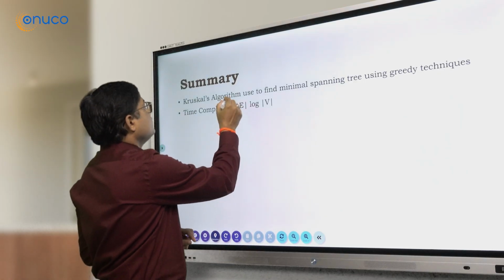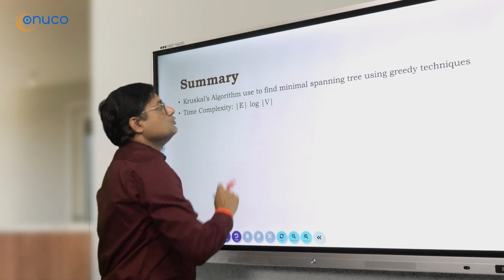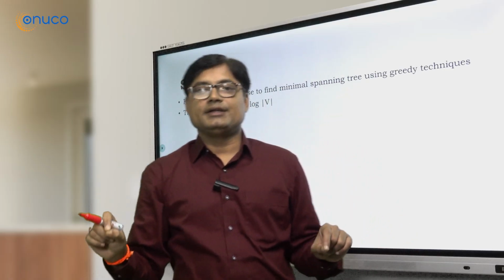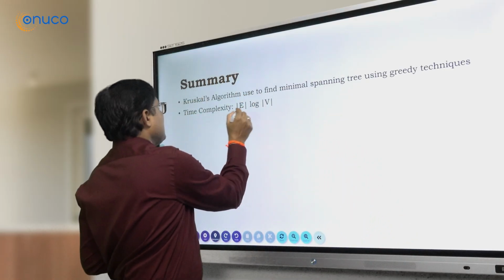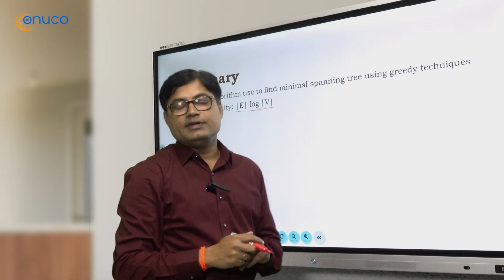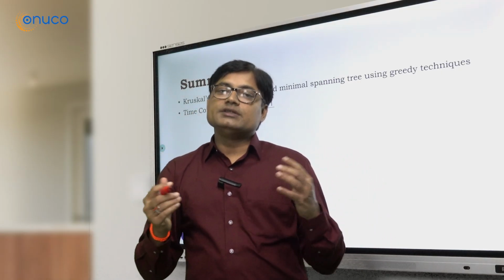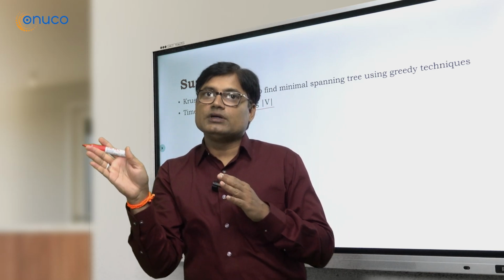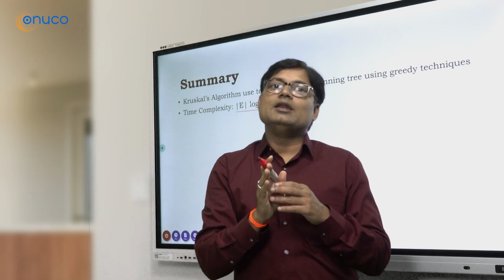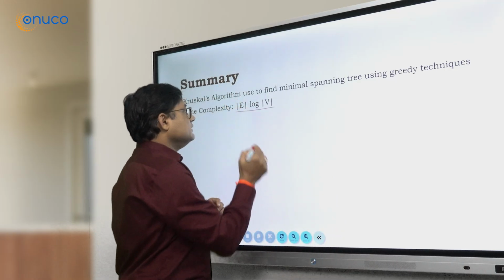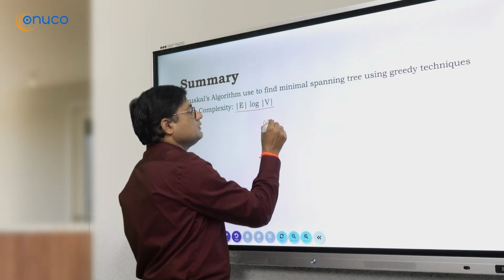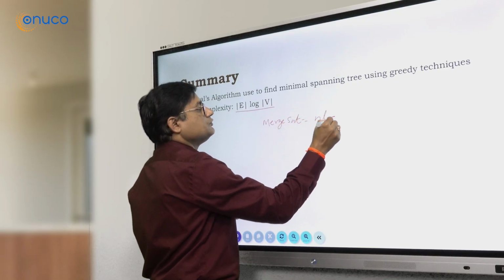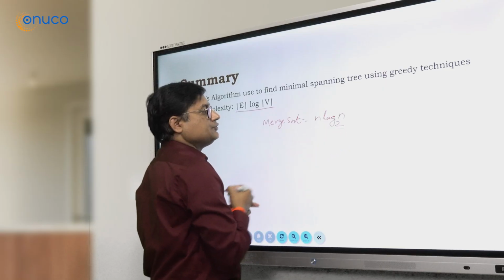As a summary, Kruskal's algorithm is used to find minimal spanning trees. The time complexity is E log V, but if you also consider the time taken to sort the elements in increasing order, and you use merge sort, then the time complexity is n log n base 2.